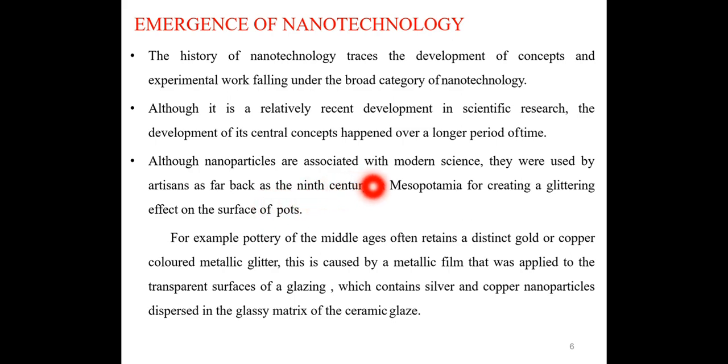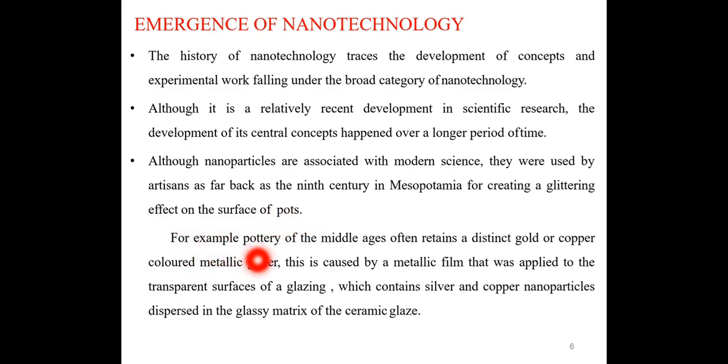See, though it is associated with modern science, it was used by artisans as far back as the 9th century for creating a glittering effect on the surface of pots.